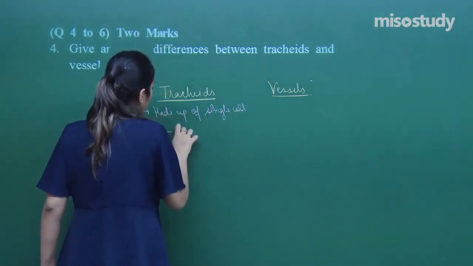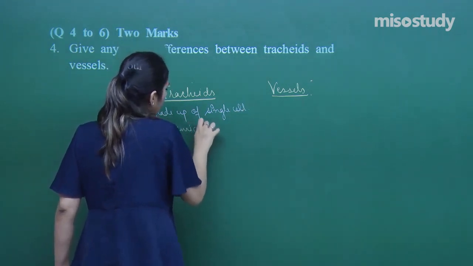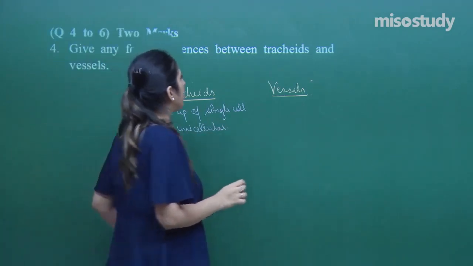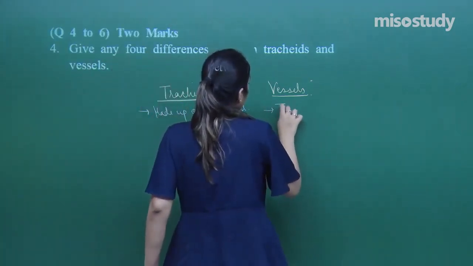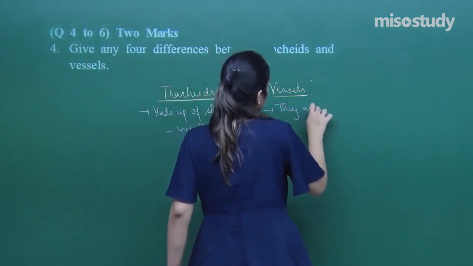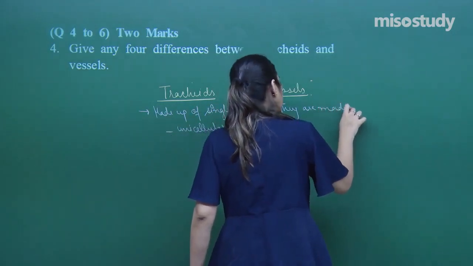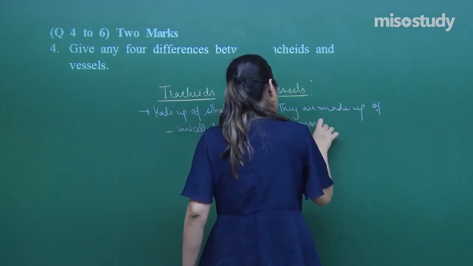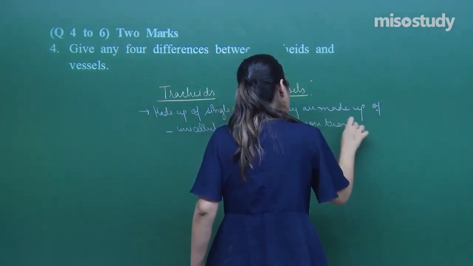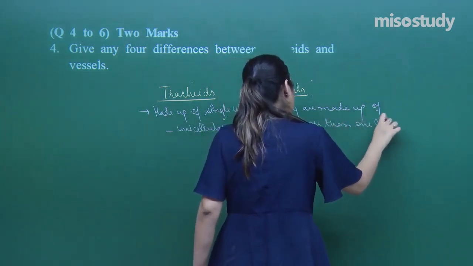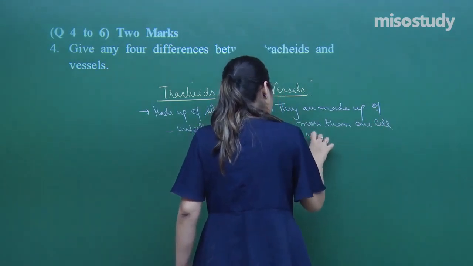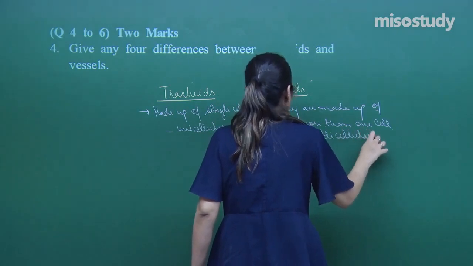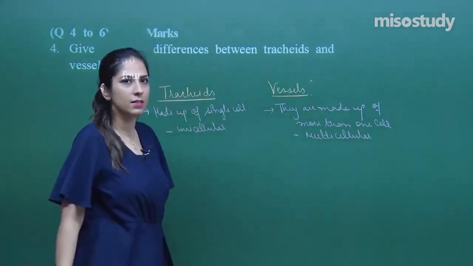Vessels are multicellular. This is the first difference between tracheids and vessels.